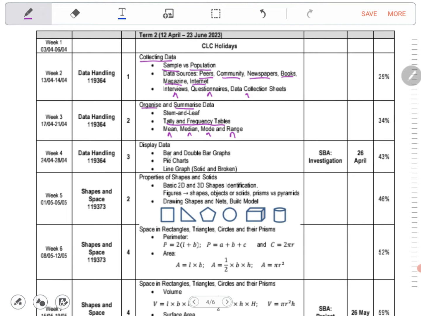And then displaying the data, we can represent data in the form of a bar graph or a double bar graph. We can also represent it in a pie chart as well as a line graph. So bar graph, it's something like when you have things like that.